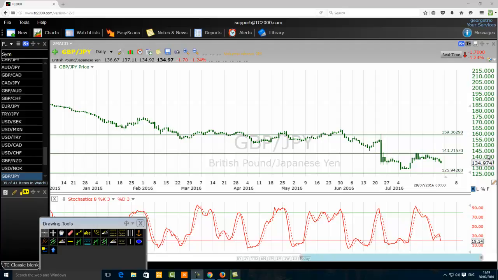Many technical traders love the daily charts, and very often a lot of swing traders and day traders use the daily chart to pinpoint high probability trading setups.